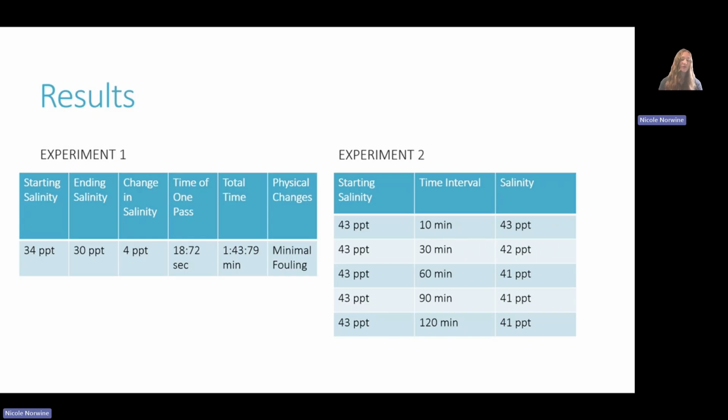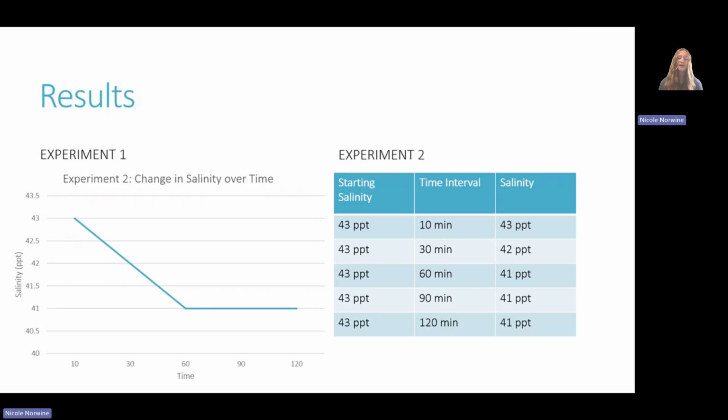That was when the first obvious sign of all of the water going through the membrane at once, and the first output was at 18.72 seconds. The total time to have all 4 gallons of water go through the membrane was 1 minute, 43 seconds, 79 milliseconds. Minimal fouling was observed, so there wasn't much degradation on the membrane at this point.